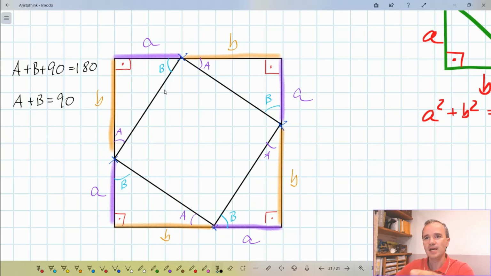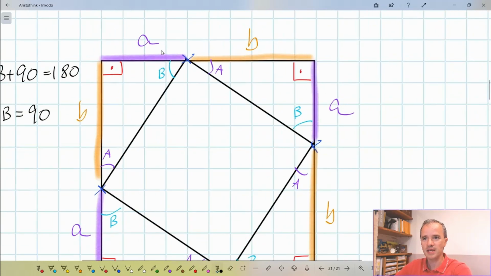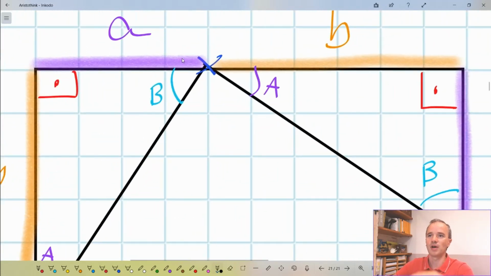Now, A and B is 90 degrees. But now look at this part in here. Ignore everything else. I just told you that A and B is 90 degrees. But if this is 180, therefore I can safely tell you this is 90 degrees. Agree? It must be so. There is no other way.